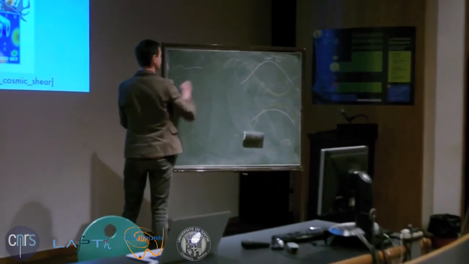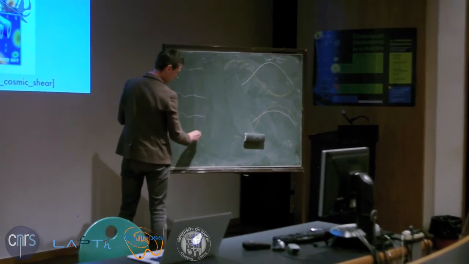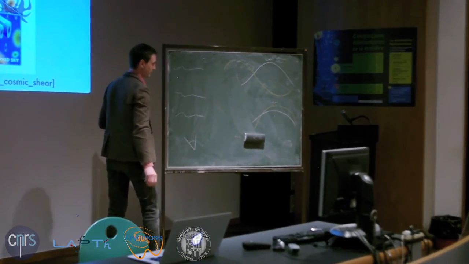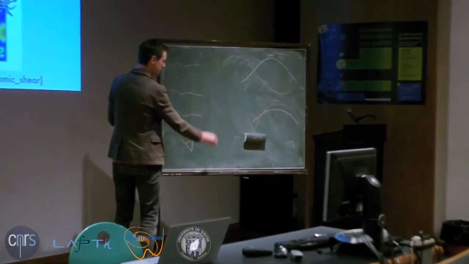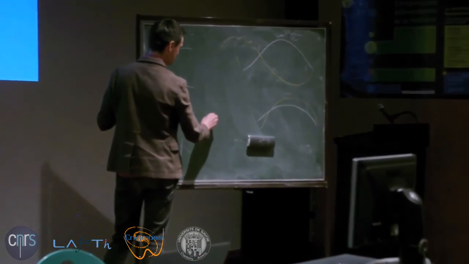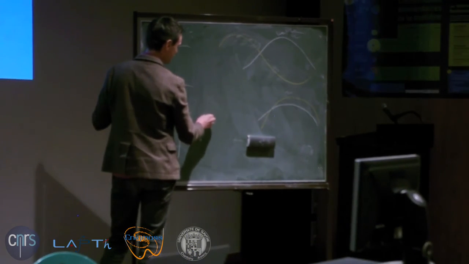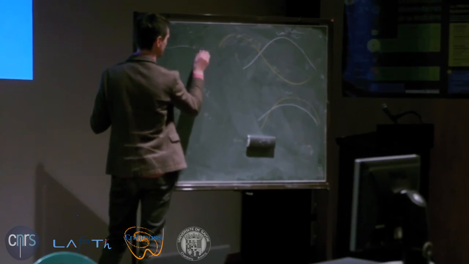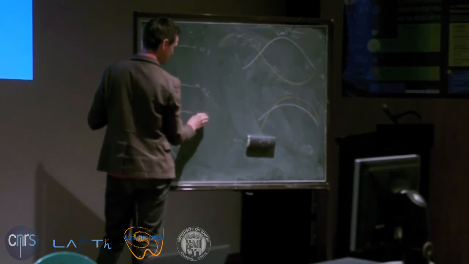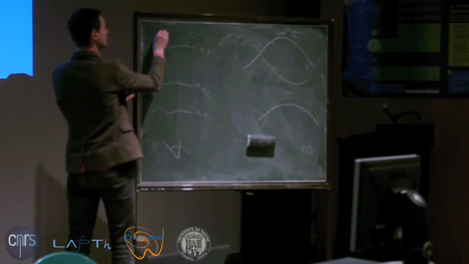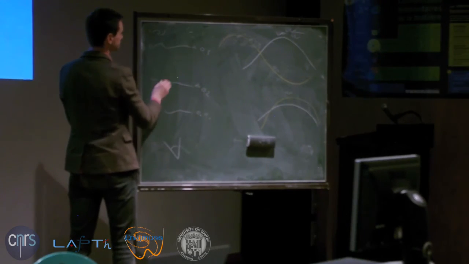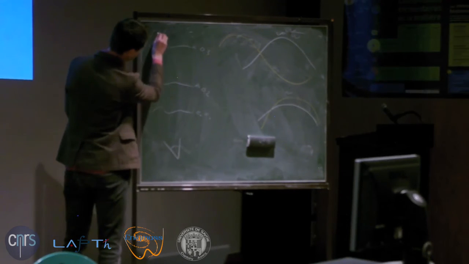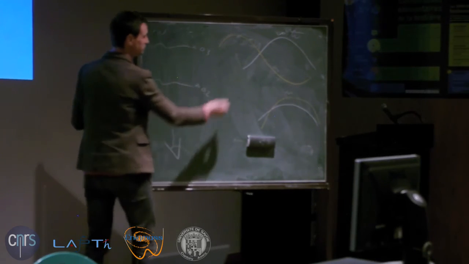So let's say you have a density field, and we are the observer here. And we have redshift 0.1, 0.2, 0.3. A galaxy that lives here, for us, traces the integral.